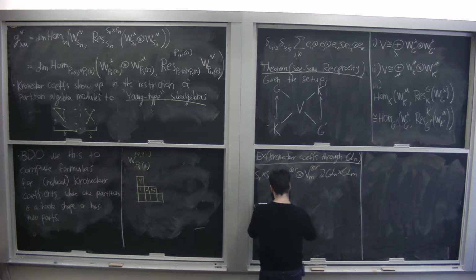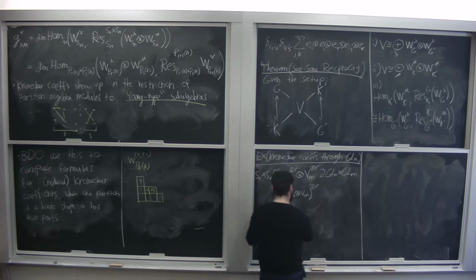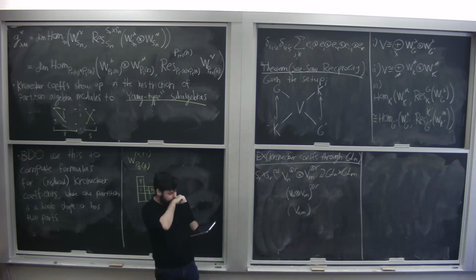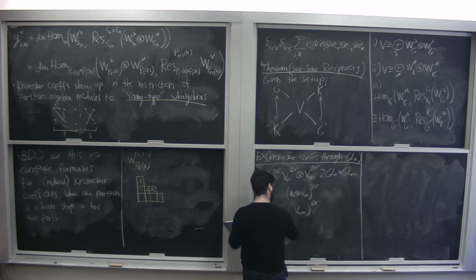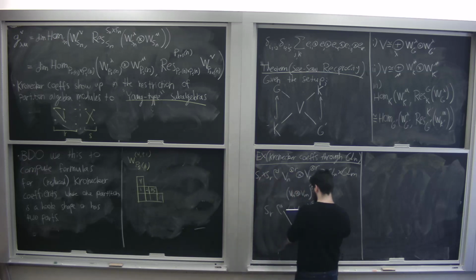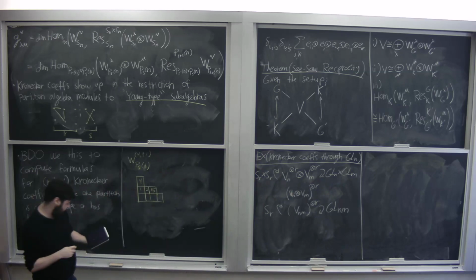So I'm going to write this as Vn tensor Vm to the rth tensor power. But I want to think about this as just now an n by m dimensional space. And so now I want to act by a single SR. And so then over here, I end up with GLNM, applying this Schur-Weil duality.